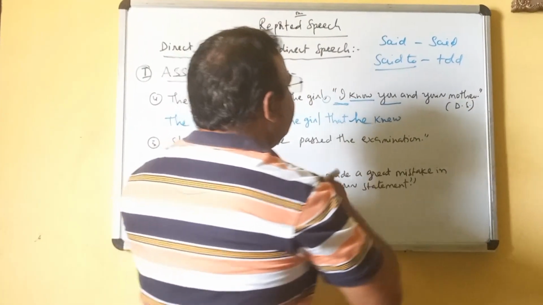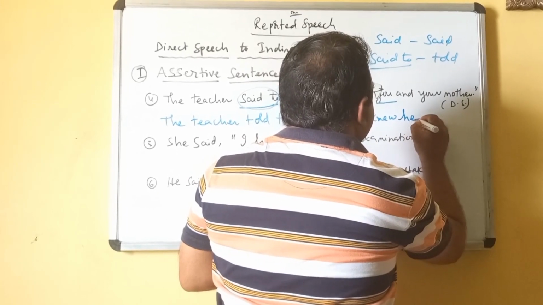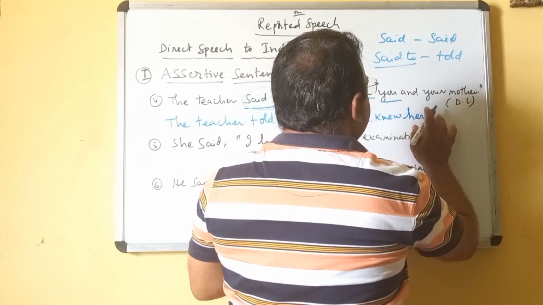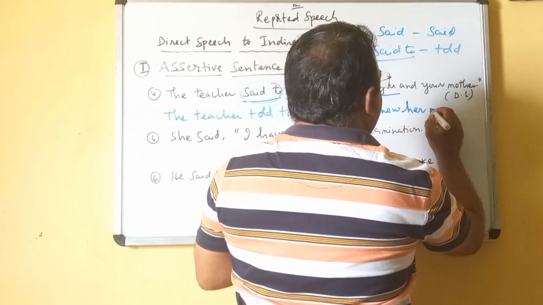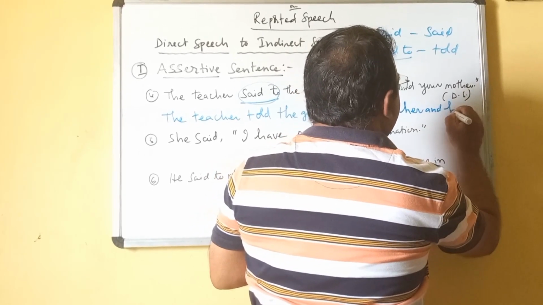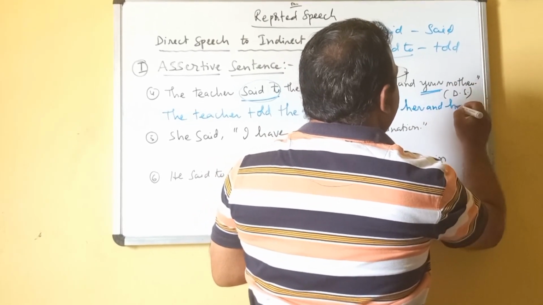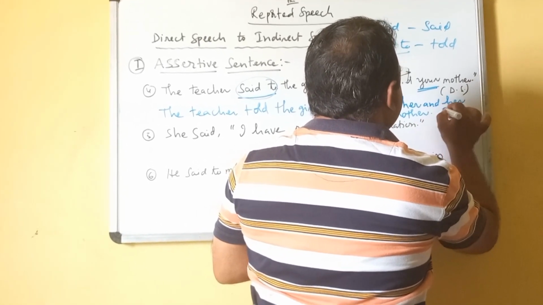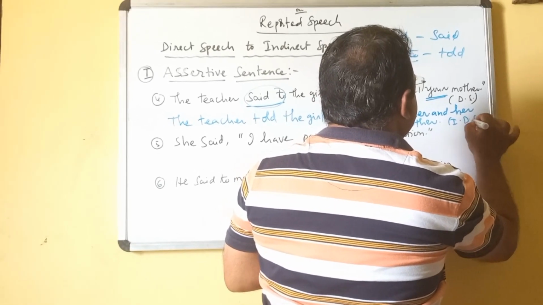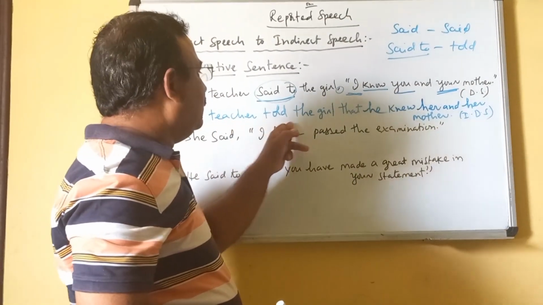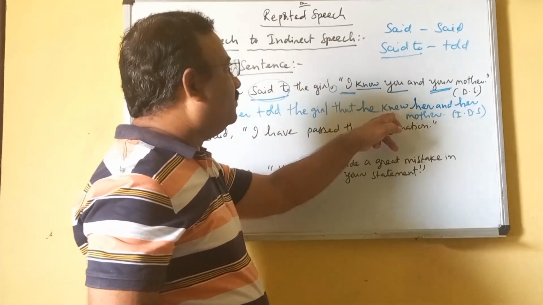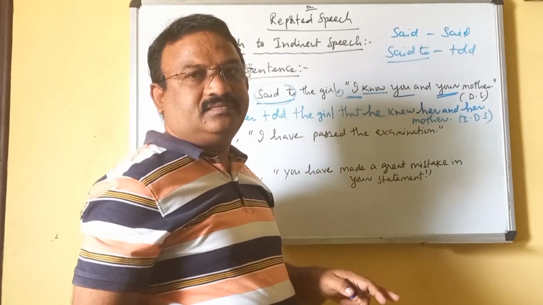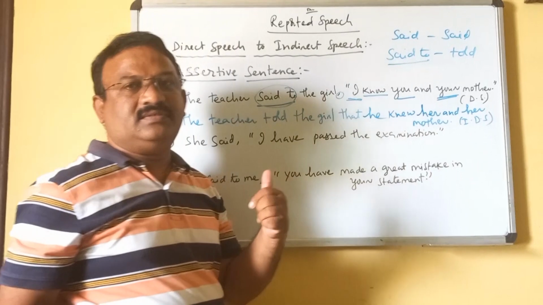You becomes her, and your mother, so her mother. The teacher told the girl that he knew her and her mother. This is indirect speech.